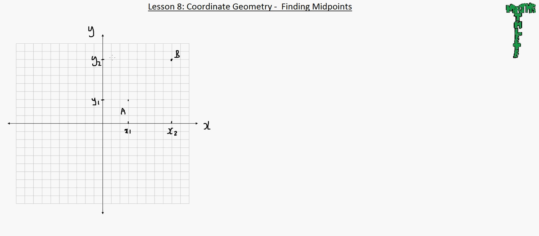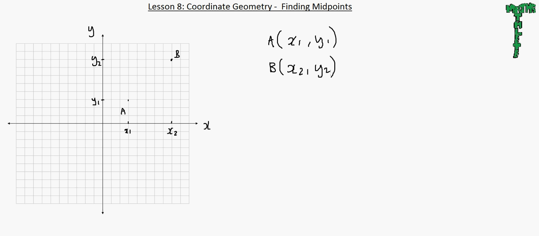Now we're going to show this from an algebraic perspective. So A now has coordinates x1, y1, and B has coordinates x2, y2.